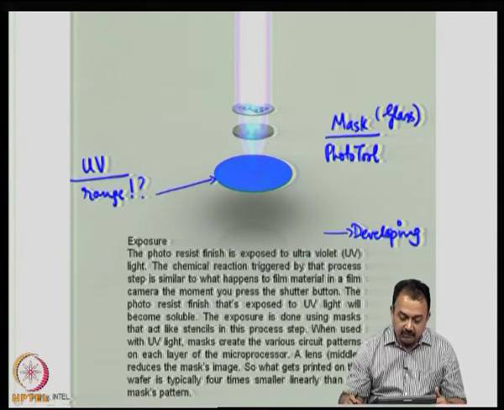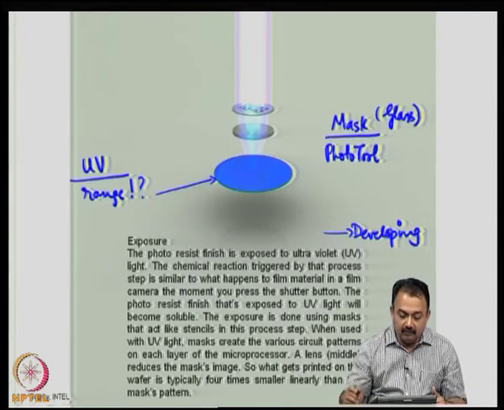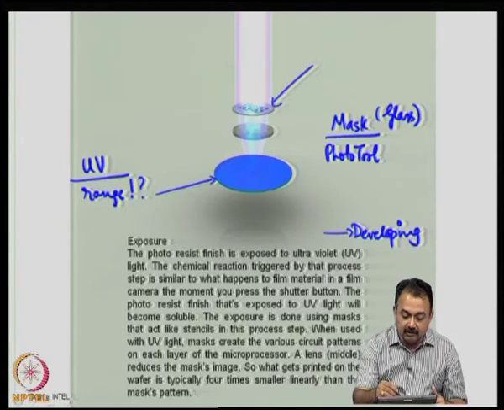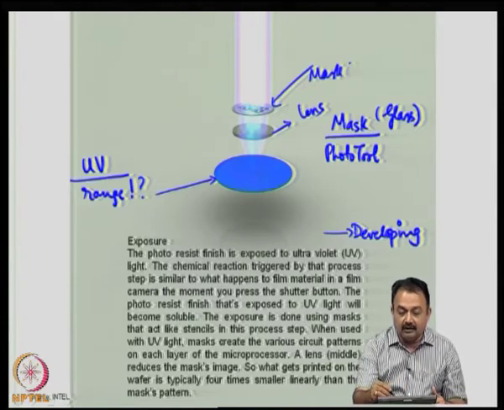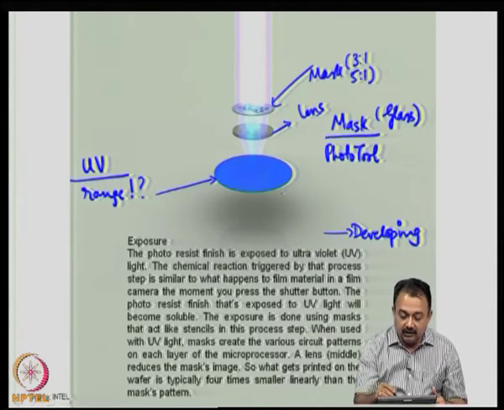Now, as you can see from this picture, there will be a lens which will reduce the mask's image. So, typically what you will do is, this is for example the mask, and this is let us say the lens. Your mask will be of a larger size, let us say 3:1 or 5:1 and so on, and here you want a 1:1 translation.